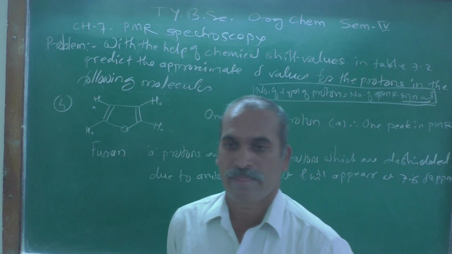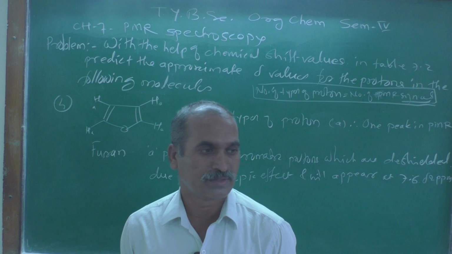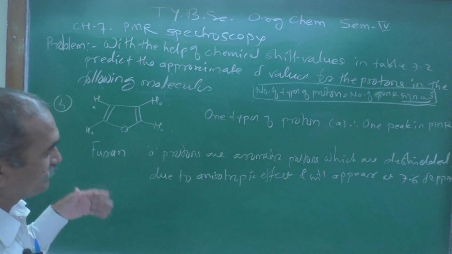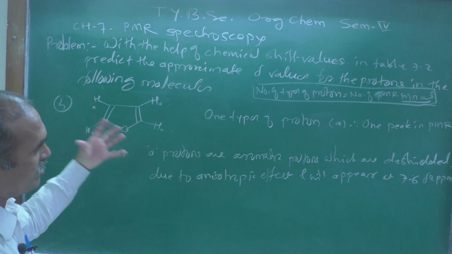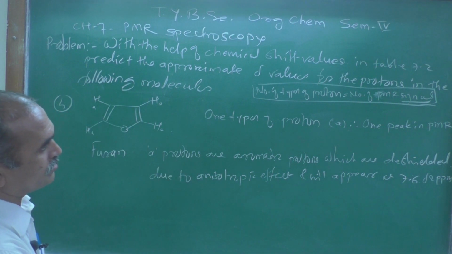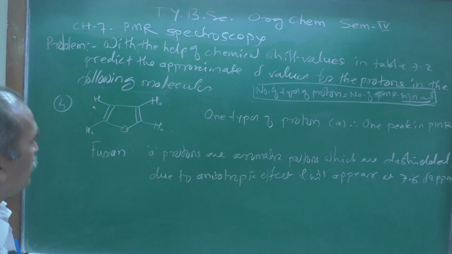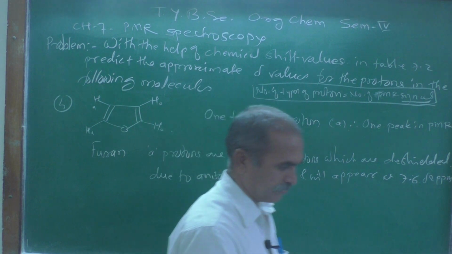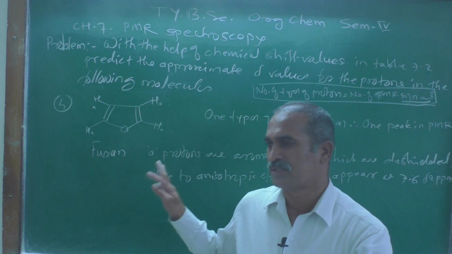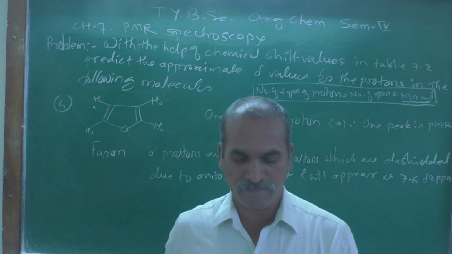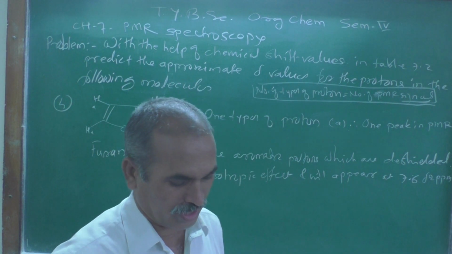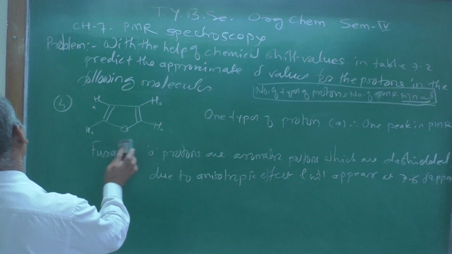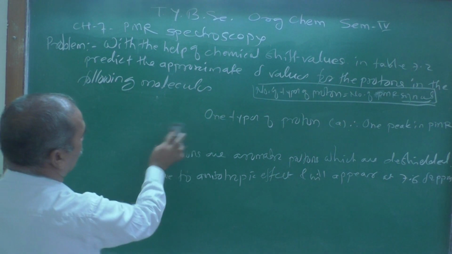This is the way you can discuss this type of problem. You can answer in this systematic way, then those who know the basic concept of PMR spectroscopy can solve these problems very effectively.